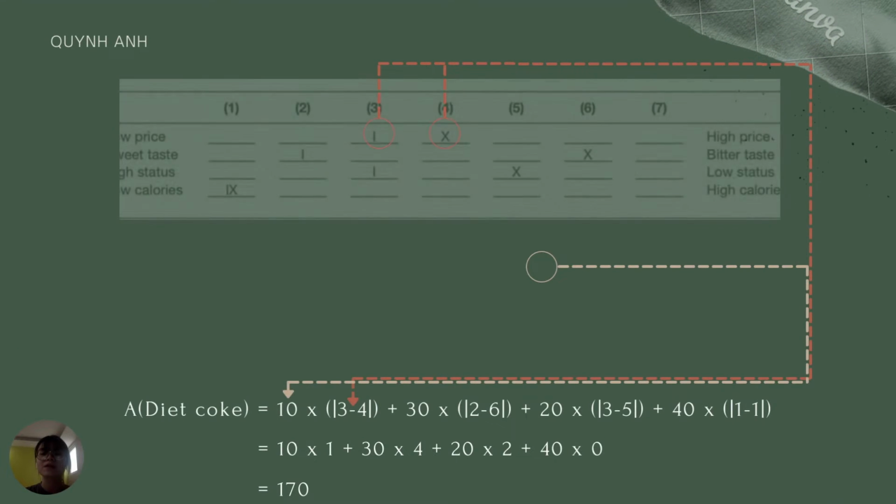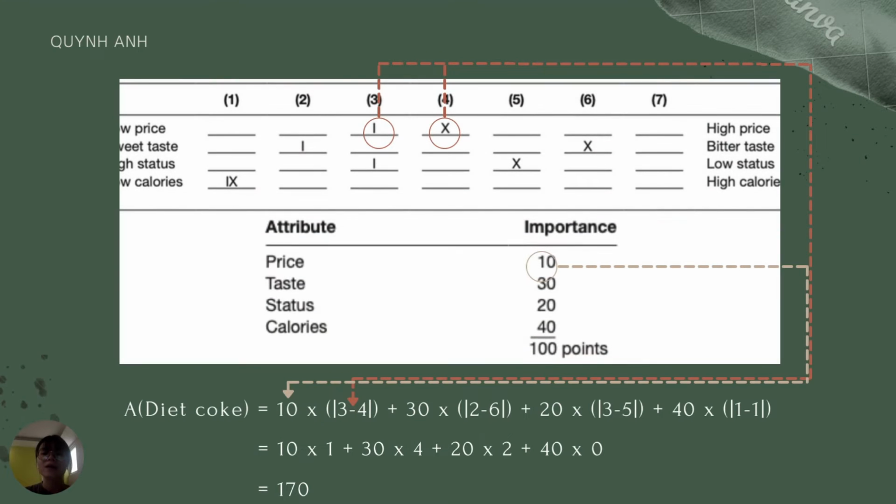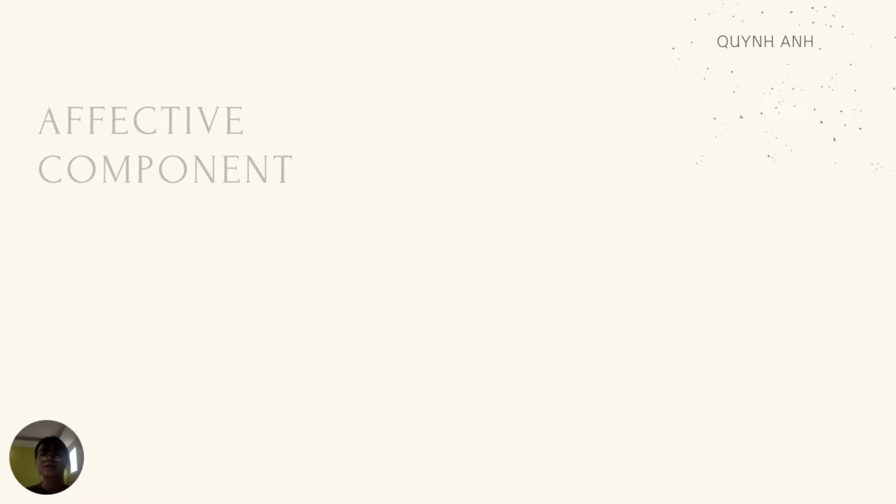To calculate consumer attitudes toward Diet Coke, we take 10 times the absolute value of 3 minus 4, plus 30 times the absolute value of 2 minus 6, plus 20 times the absolute value of 3 minus 5, plus 40 times the absolute value of 1 minus 1, equals 170.